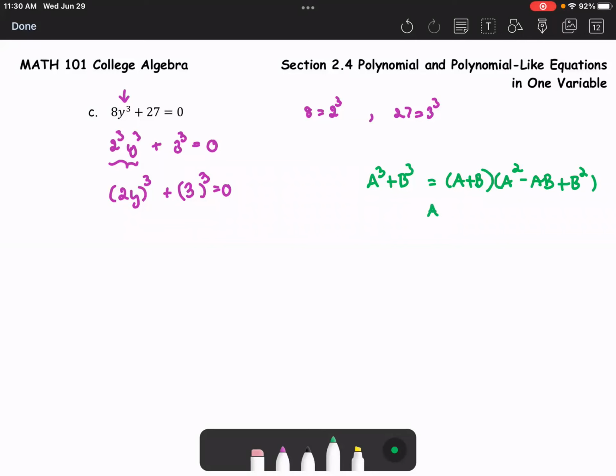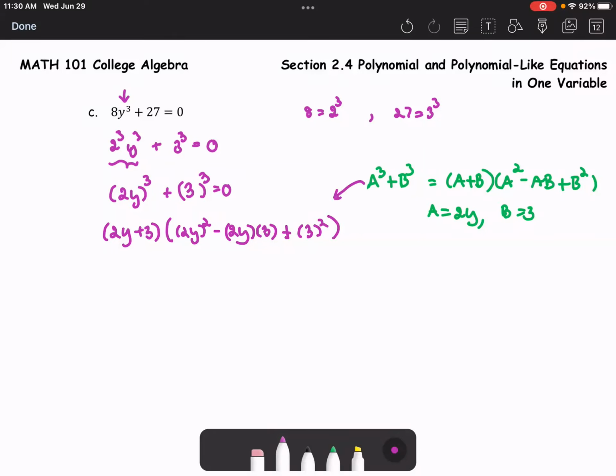In this case, the a is 2y and the b is the value 3. Factor completely to get 2y plus 3 multiplied by the quantity 2y to the second power minus 2y times 3 plus the quantity 3 squared, by following the formula of the sum of two cubes.